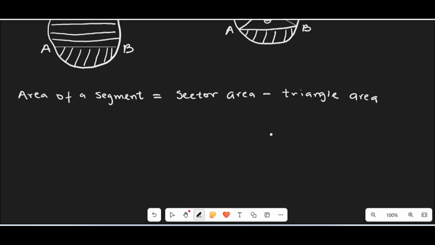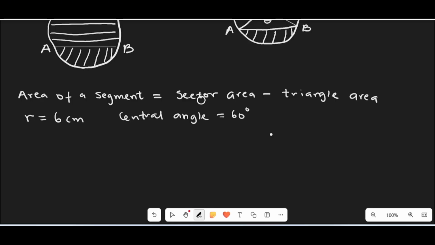Let us consider this example in which the radius is given to be 6 centimeters and the central angle is given to be 60 degrees, which is our theta, and they ask us to find the segment area.